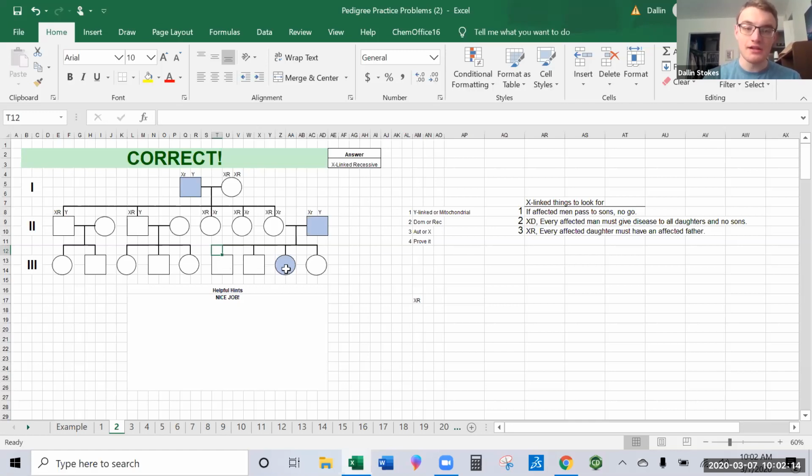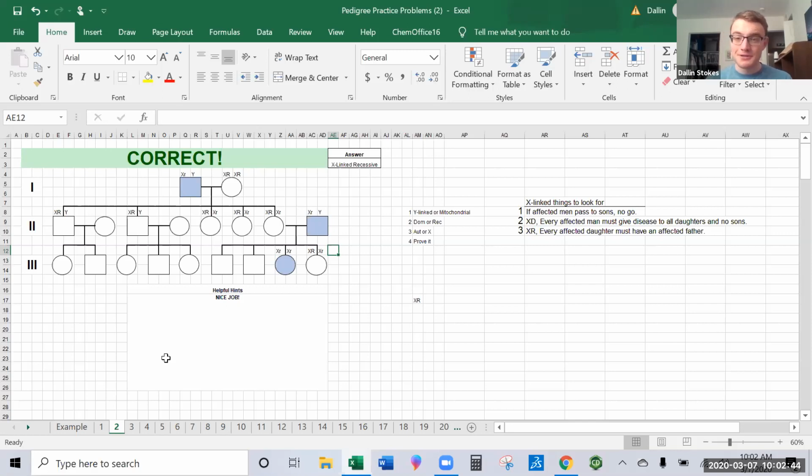And this daughter gets the X little r from mom and the X little r from dad, and poof, she's affected. This daughter gets an X big R, X little r, and isn't affected. And then these guys out here marry X big R wives and have no affected children. I just proved myself right. There was no catch in my plan there.